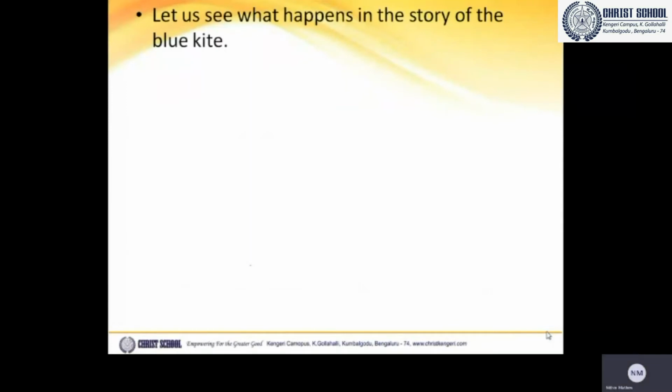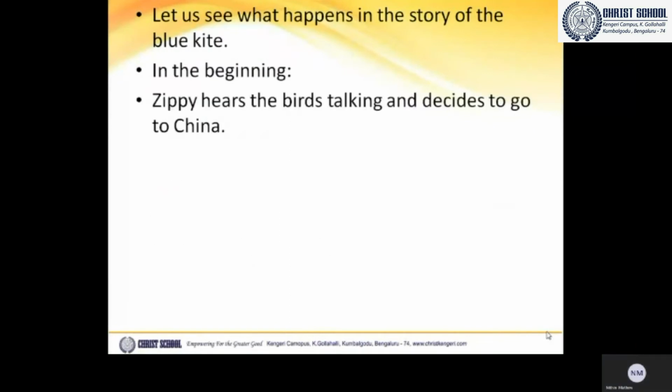Now let us see what happens in the story of Blue Kite. We learned about Blue Kite yesterday, and we saw that there are some important events. Let us go through a story map. In the beginning we saw that Sippy hears the birds talking and decides to go to China.